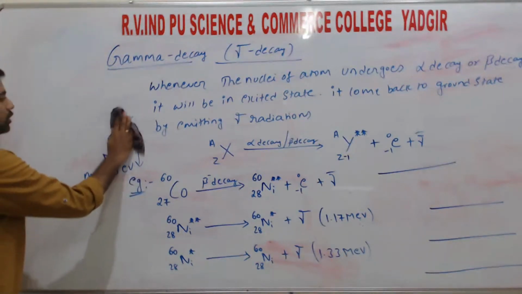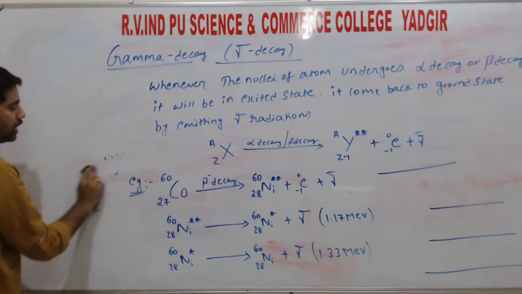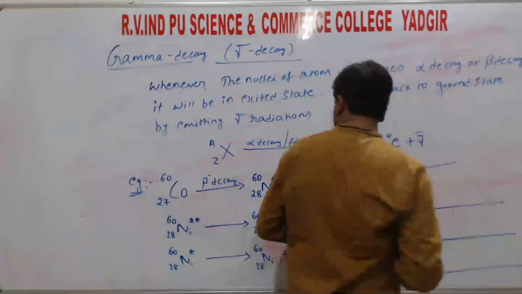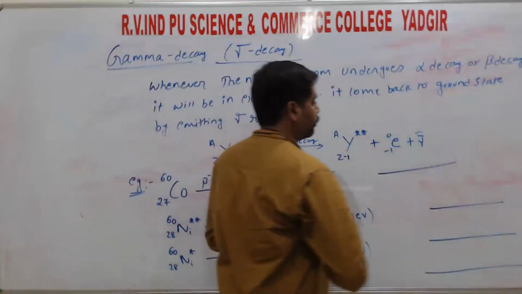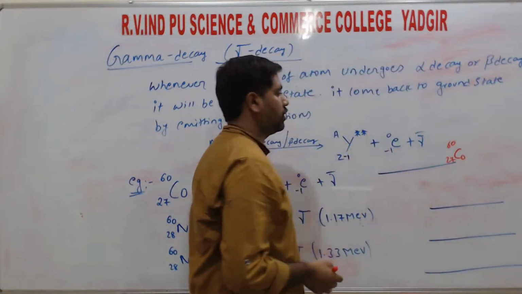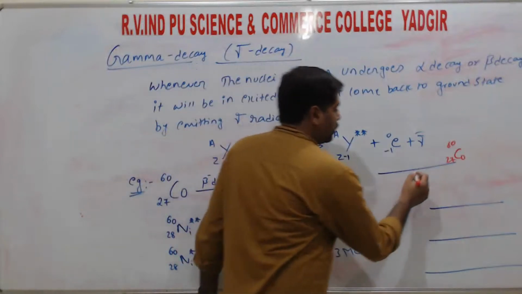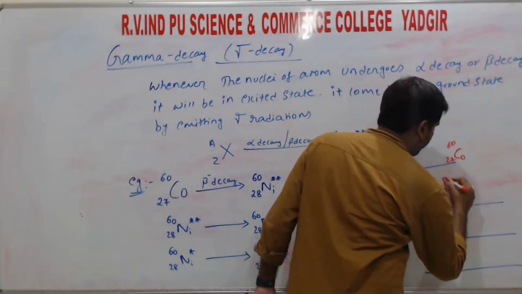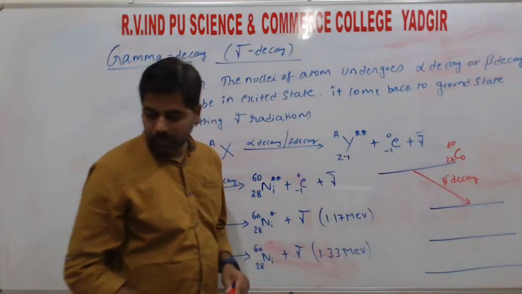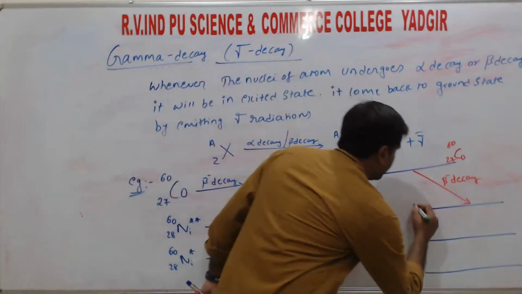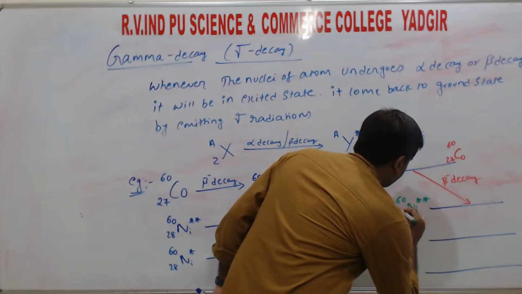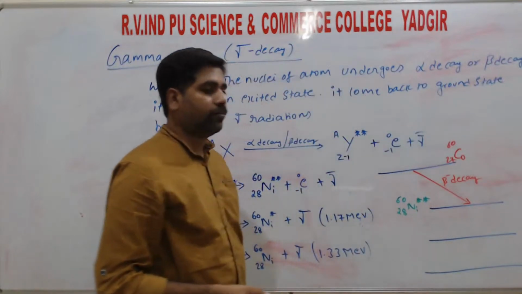So all the energy levels are similar to those in the electrons, right? So considering here the example as cobalt 60 and it is 27, first it undergoes beta minus decay, then here we get nickel in the excited state, that is 60 and here it is 28, right?